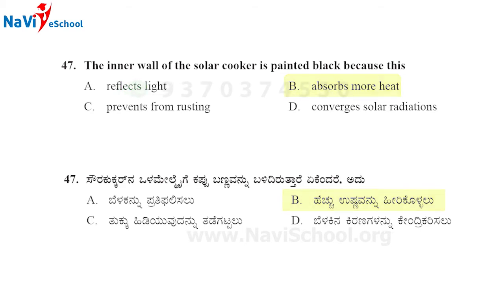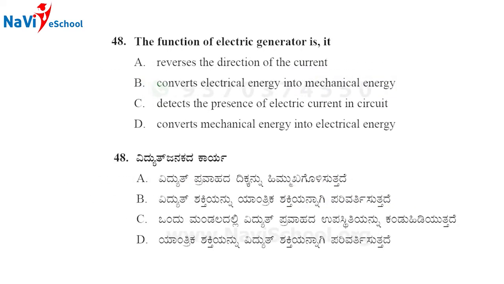Next question. Question number 48. The function of an electric generator is it: option A reverses the direction of the current, B converts electrical energy into mechanical energy, option C detects the presence of electric current in a circuit, option D converts mechanical energy into electrical energy.